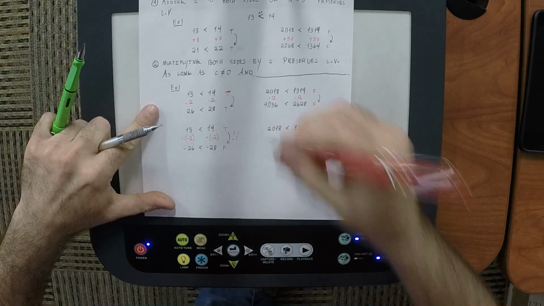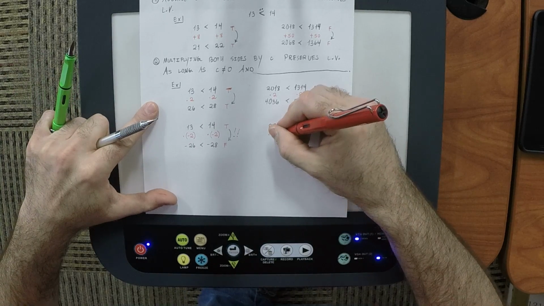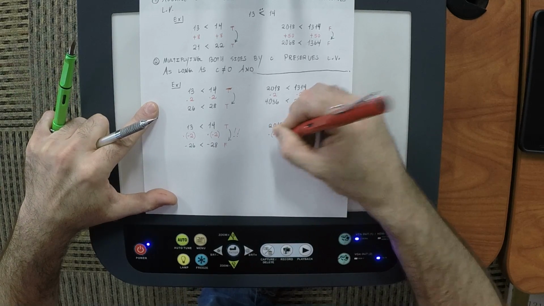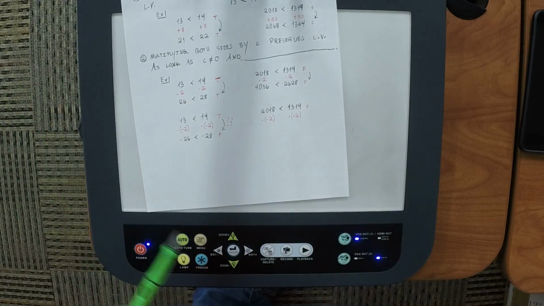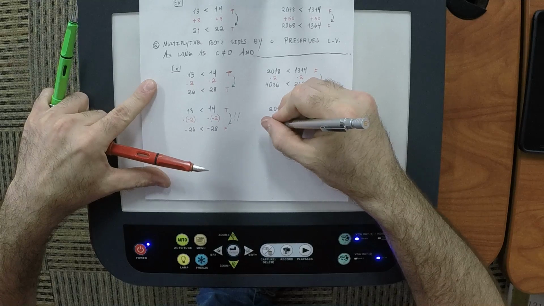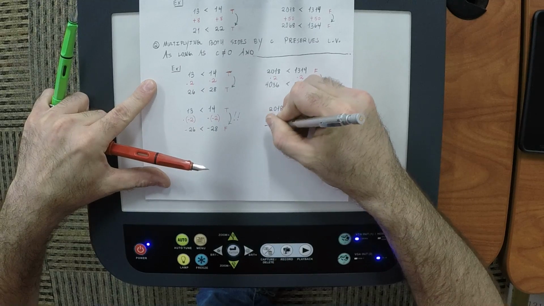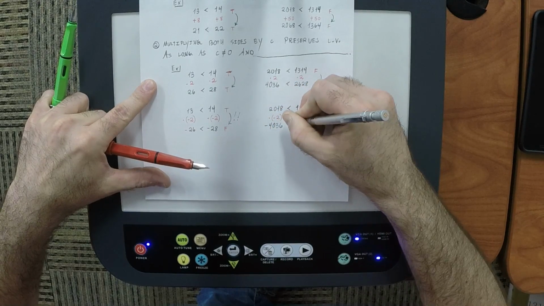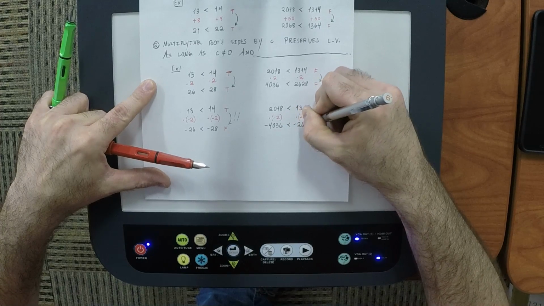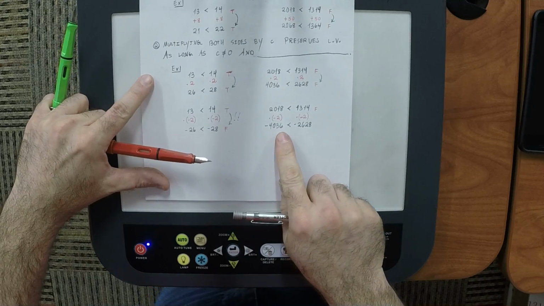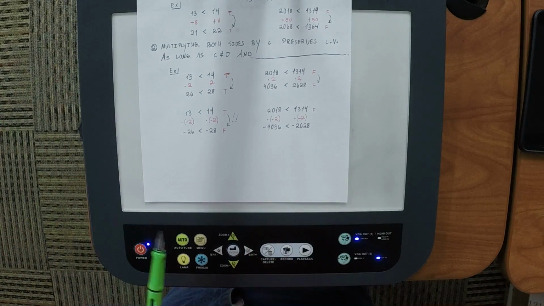Now suppose we multiply that inequality by -2. The new left-hand side is -4036. The new right-hand side is -2628. So how about this inequality? What's its logical value? True.